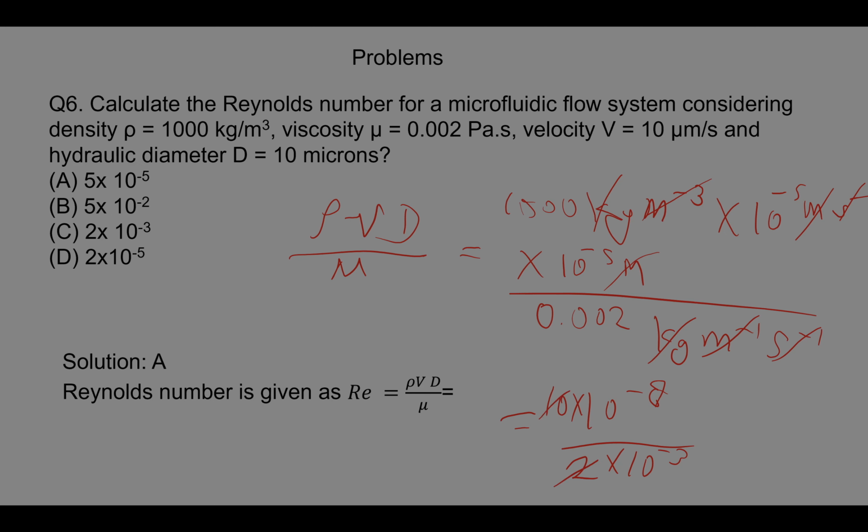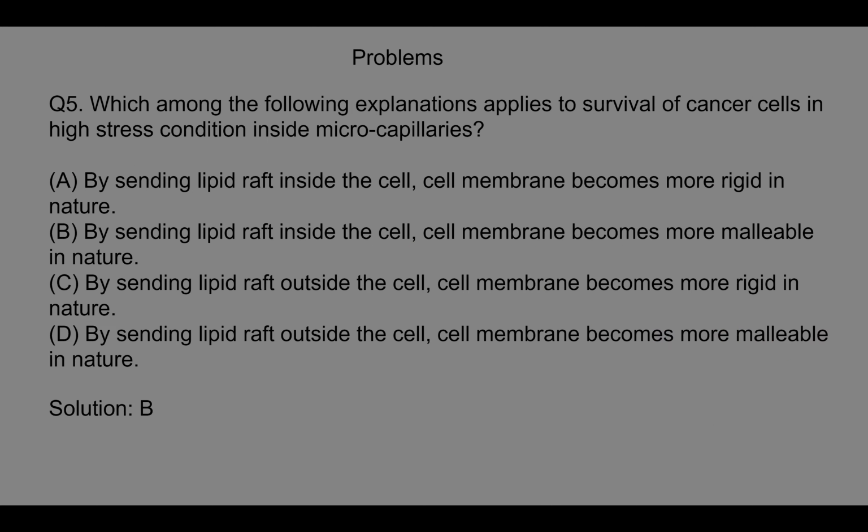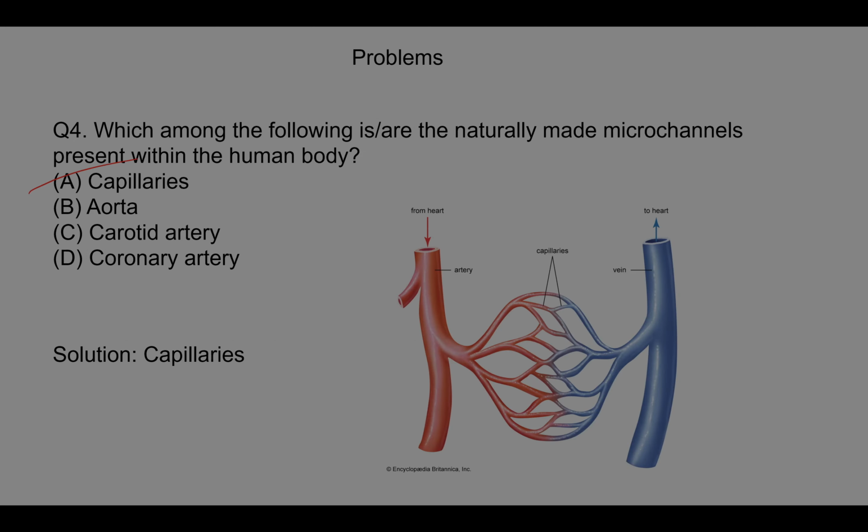This will cancel out with this one, and it will be around 5 into 10 to the power minus 5. So this is our correct answer. And before also, the correct answer was A.